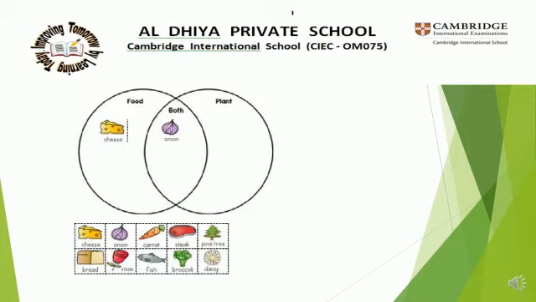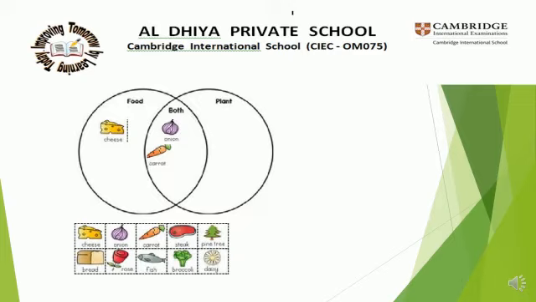What is the next one? In the data you see, what is the next one? Carrot. Carrot is food as well as a product of a plant. So I have to draw that in the middle, in both, because it is food as well as a plant product. So both means I have to draw in the middle space.